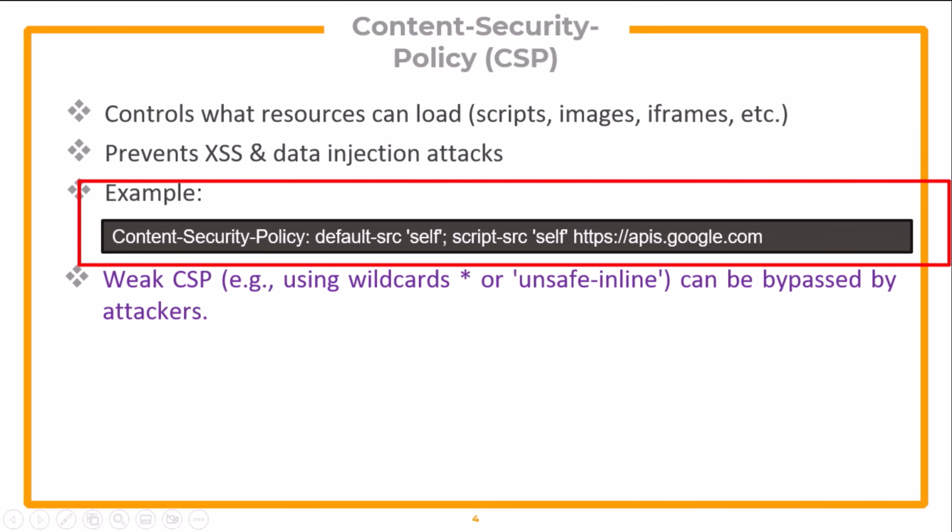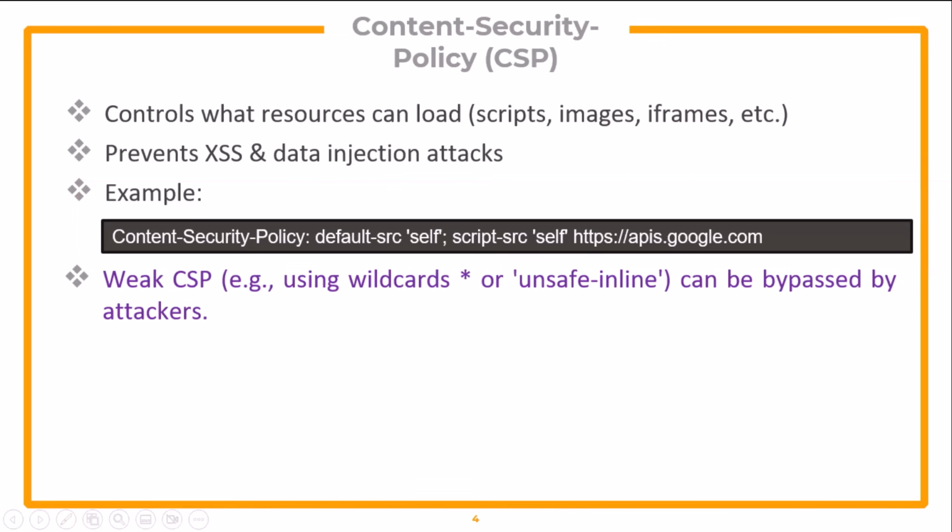In the example here, default-src 'self' means that by default, resources should only be loaded from the website's own origin. But then it makes an exception for scripts, allowing them from its own origin and from apis.google.com. A weak CSP, one that uses dangerous wildcards like a star or allows unsafe inline scripts, can often be bypassed, giving us a clue that while they've tried to implement security, they might not have done it perfectly.